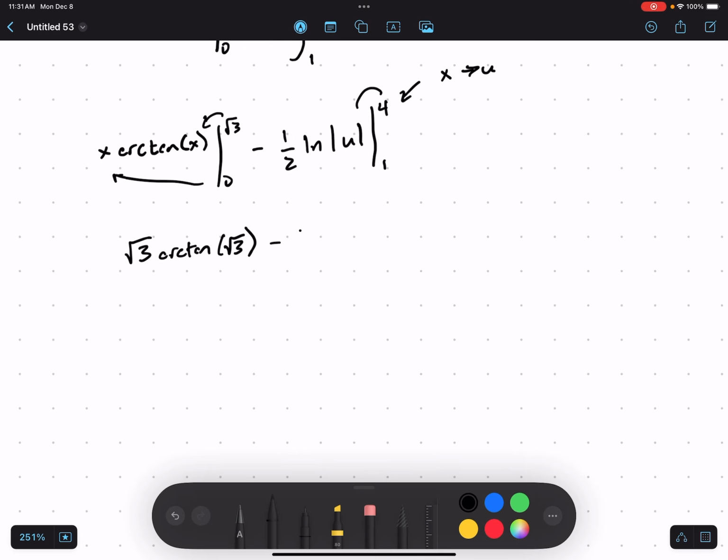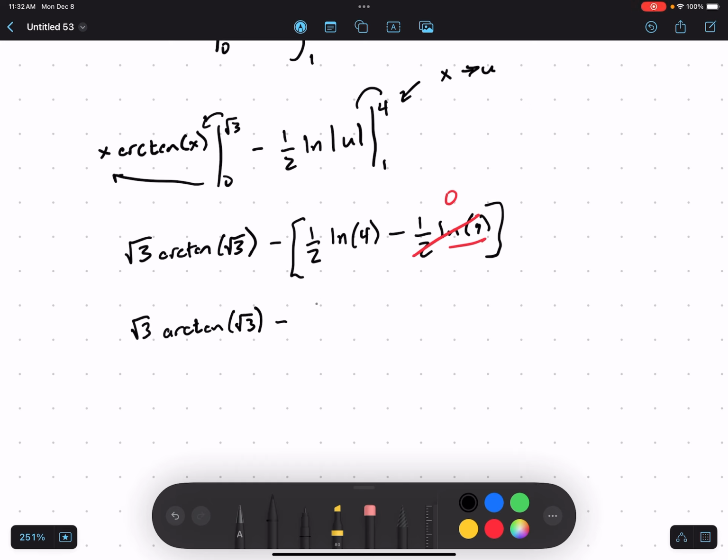And we'll say minus, go ahead and put the 1/2 in, and then we've got ln, absolute value of 4, which I'm actually just going to write as parentheses 4 because the absolute values there would be redundant, minus, again, 1/2 ln 1, which of course we know is just 0 because the ln of 1 is just 0. So, in reality, what we've got is root 3 arctan root 3 minus 1/2 ln 4.